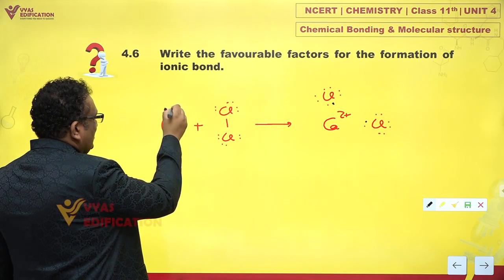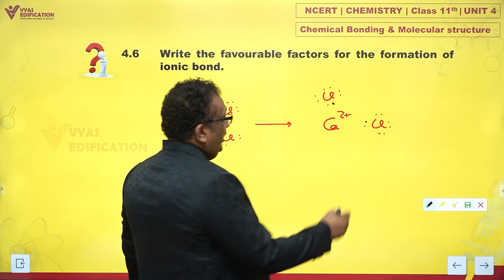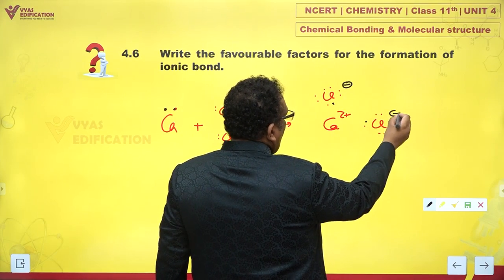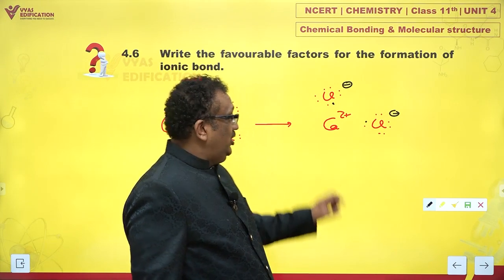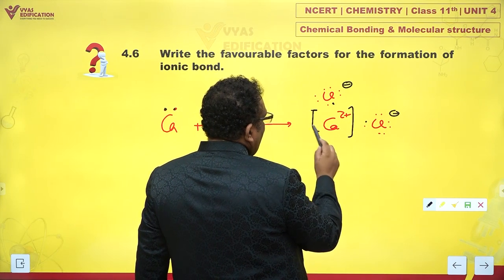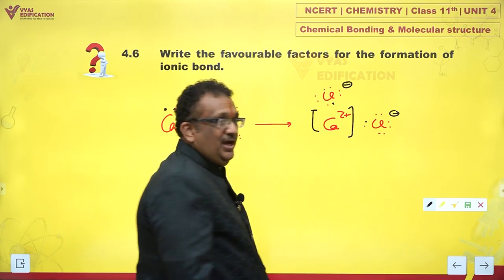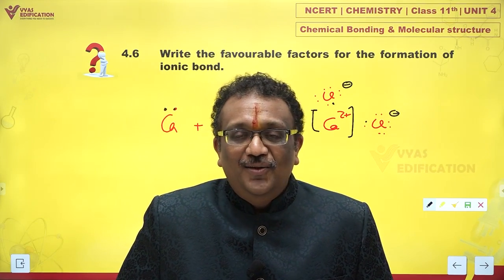The black electrons are from calcium, you can assume. So you get chloride ions like this. So calcium is being surrounded by chloride ions? Yes. They have a cation calcium which is attracting anions which are chloride ions, and this is how you get easily an ionic bond.